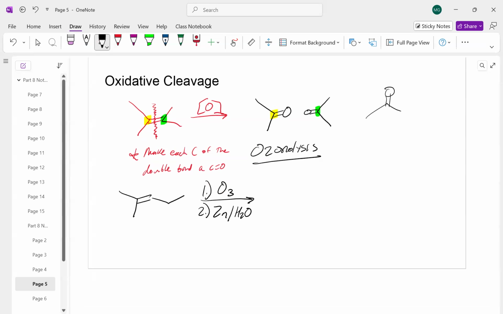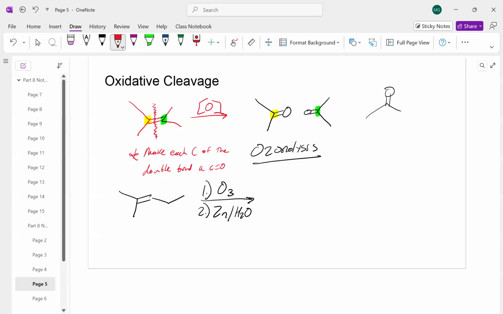Now, I'm not going to require the mechanism for this reaction. I highly recommend looking it up in your textbook. Just spend like 5 minutes reading it, and you'll see that the first step involves adding stuff across the double bond. And then you'll be able to see how it gets broken up into two pieces. But I'm not going to require it, and I won't go through it in this video.